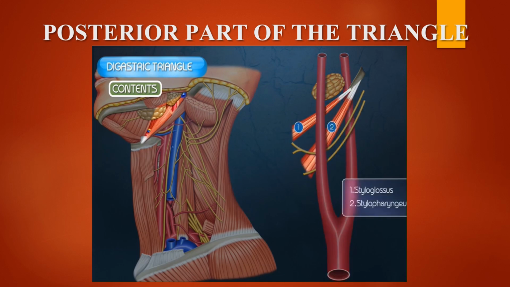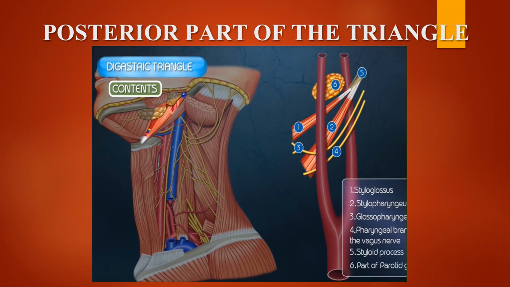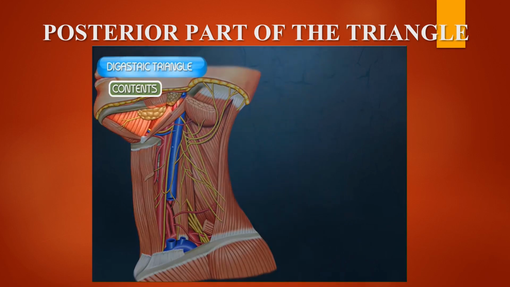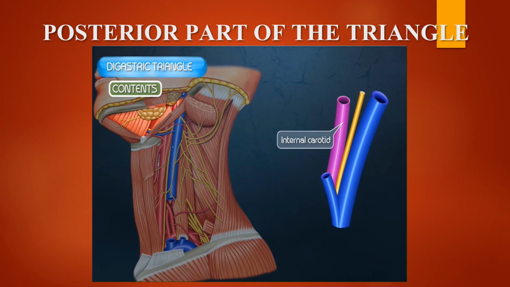In that, first is the styloglossus, second is the stylopharyngeus, third is the glossopharyngeal nerve, fourth is the pharyngeal branch of the vagus nerve, and fifth is the styloid process. Sixth is the path of the parotid gland. These all make the deep content, and the deepest content are the internal jugular vein, the internal carotid artery and the vagus nerve. These structures form the posterior relation of the triangle.